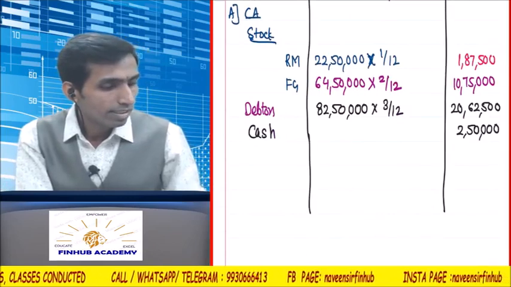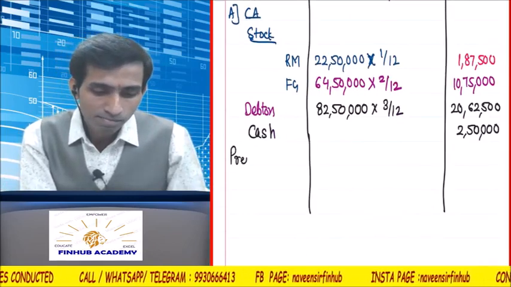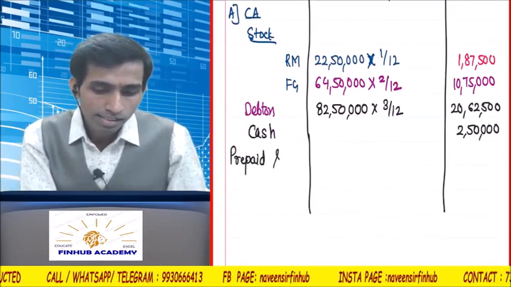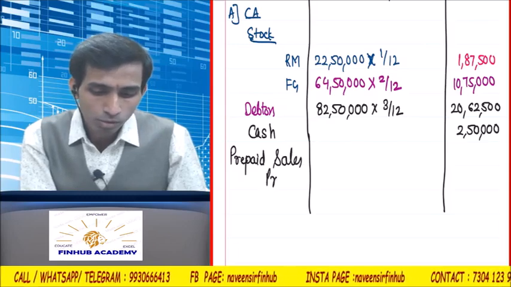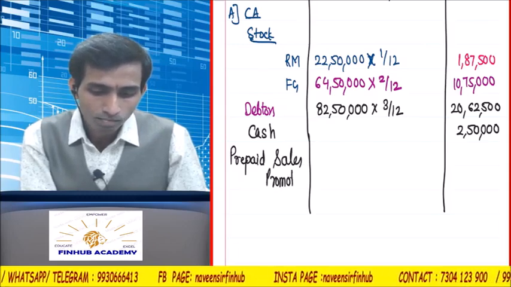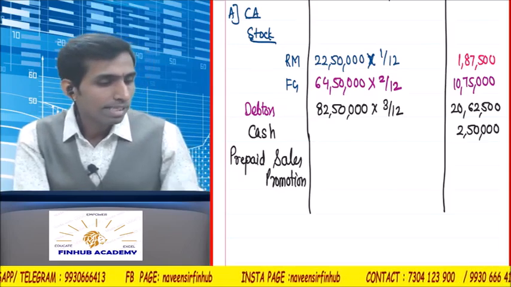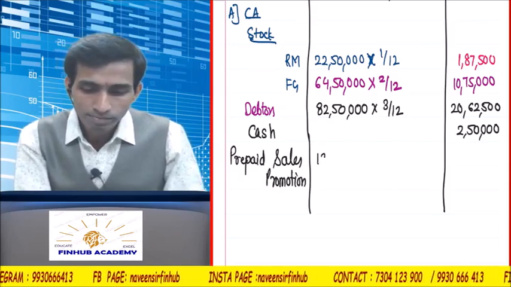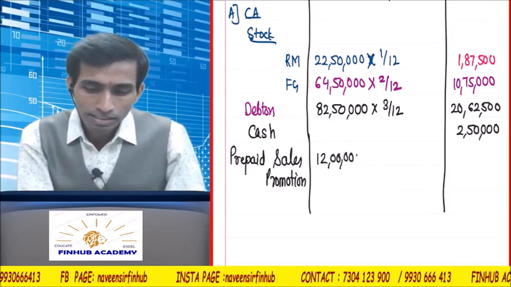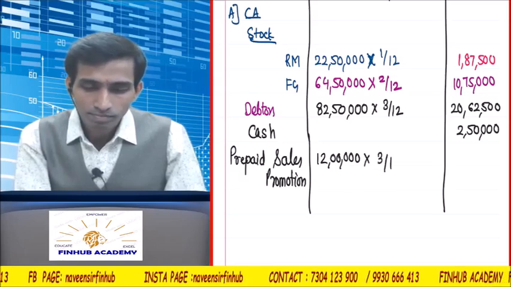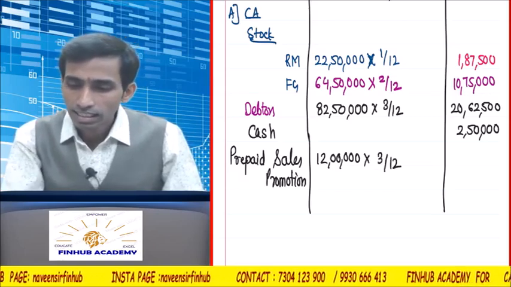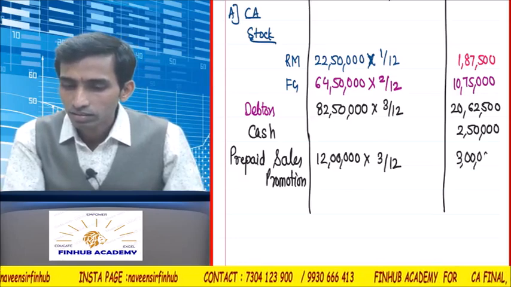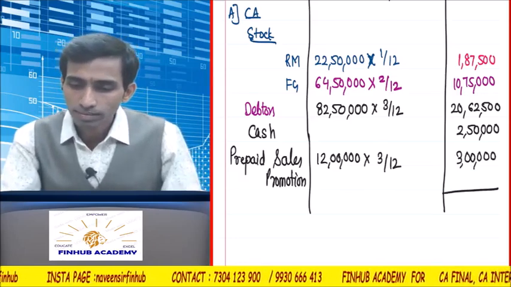Then what is there? Prepaid sales promotion. 12 lakhs multiplied by 3 by 12. 1 into 3 is 3 lakh. Total.